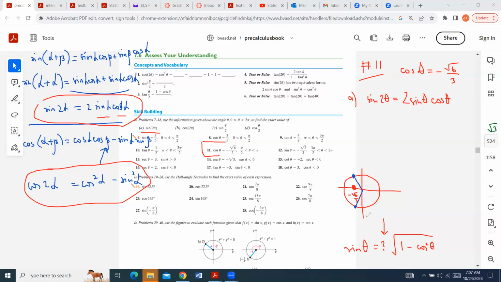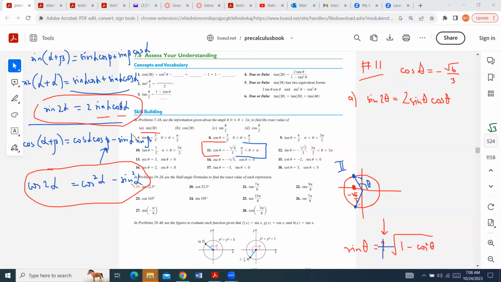Once you make a picture, you're pretty much done, because it says that the quadrant is the second, between pi/2 and pi. So this is my angle theta, and all I care about is the sine, which is positive. It could have been negative if they told me from pi to 3 pi/2. So it's up to them, and of course the result will change. Instead of positive, it'd be negative, or vice versa.